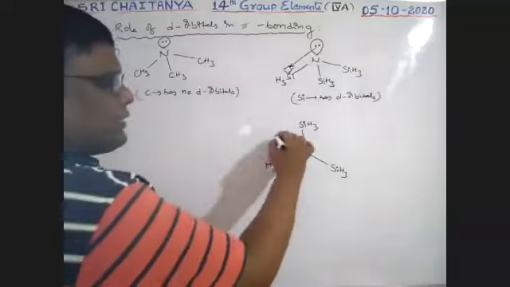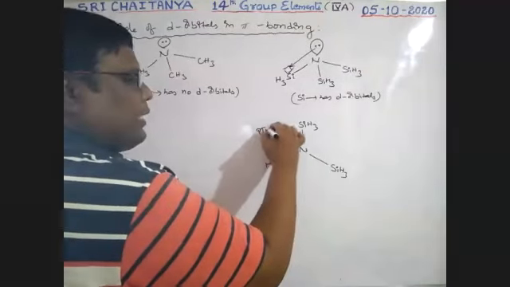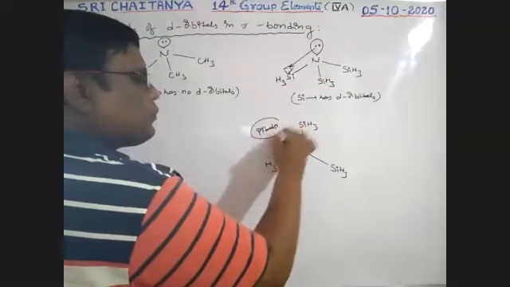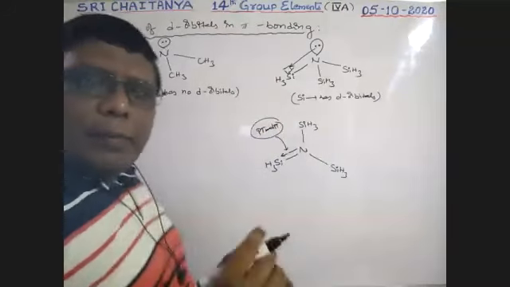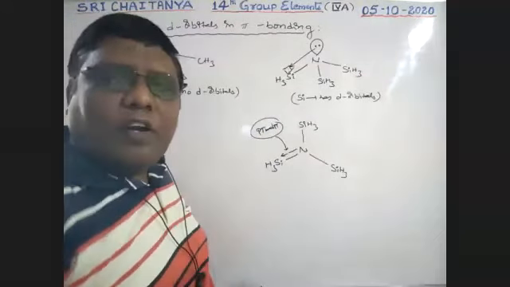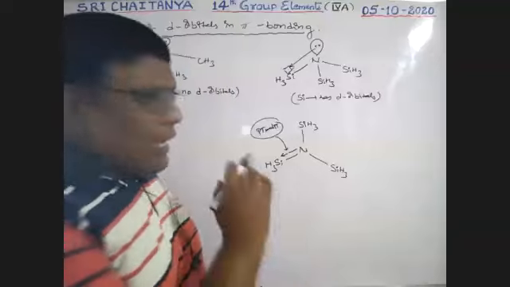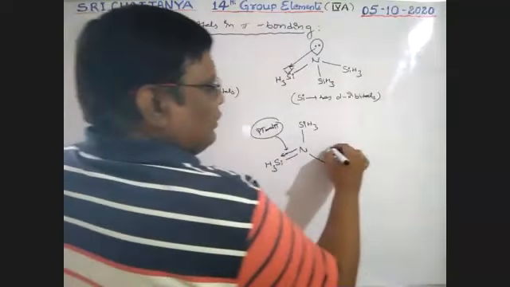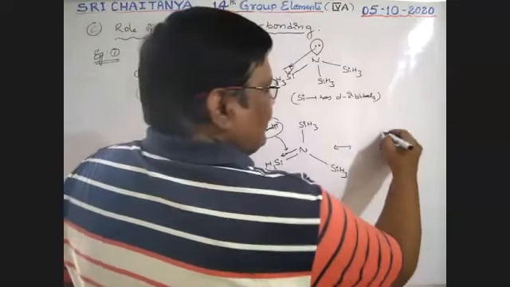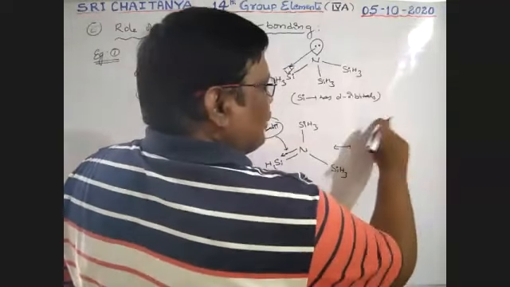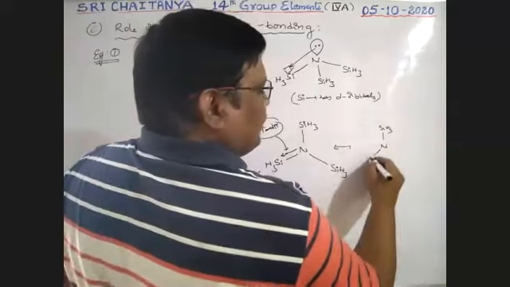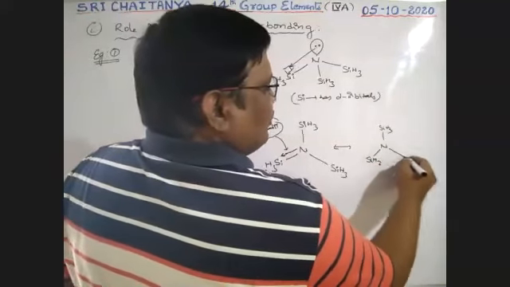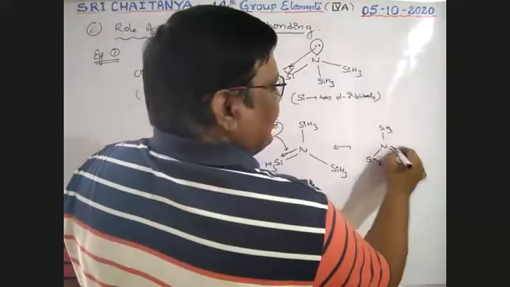So this bond is a p pi d pi bond. That means from the silicon side, d orbitals can be involved in the bond. So it is involved in resonance. Here it is possible.